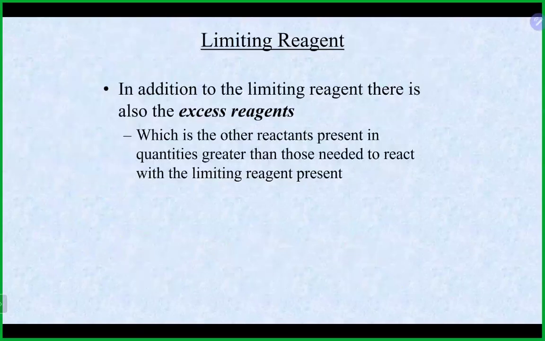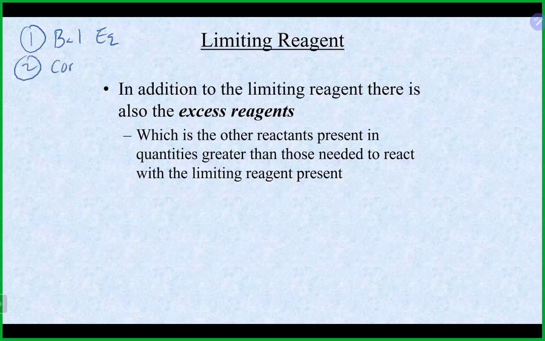So as I mentioned before, the excess reagent is the one that you have plenty of. The good news is, for the most part, these types of problems are done the same way as basic stoichiometry problems. You still balance your equation. You still want to convert to moles.